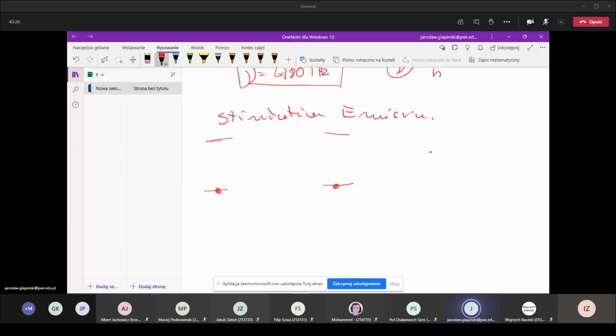Both of them have the absorption. So somehow we put the energy, the quantum of energy of course, into the atom, and the electron goes to the higher orbit.